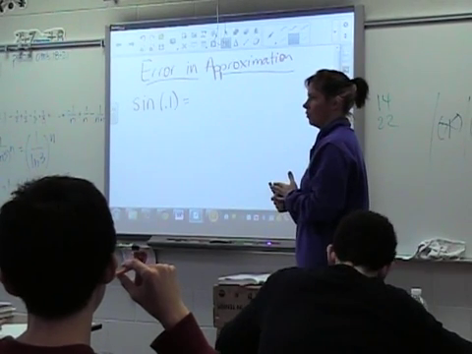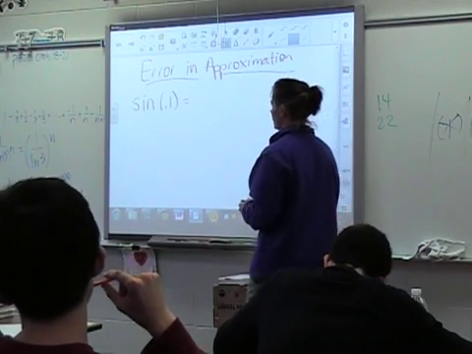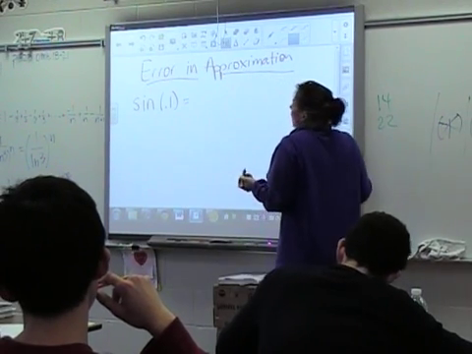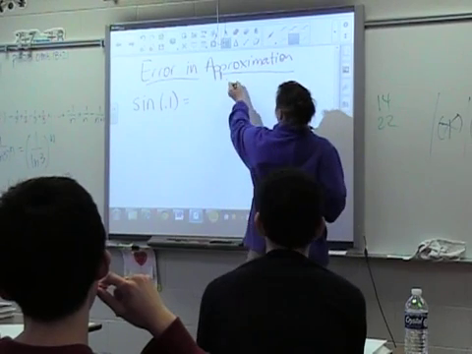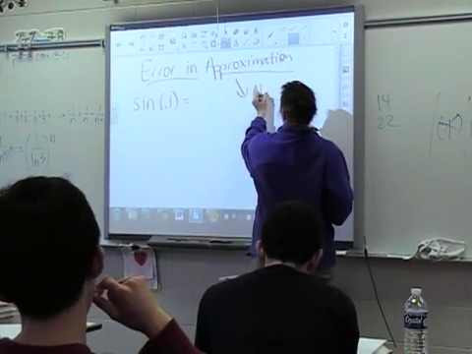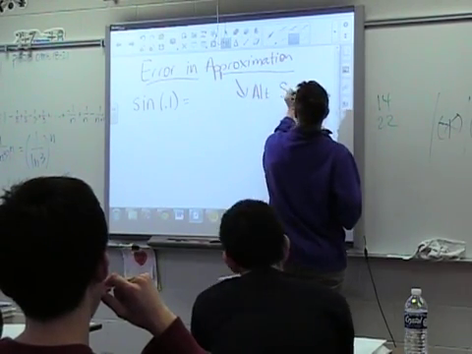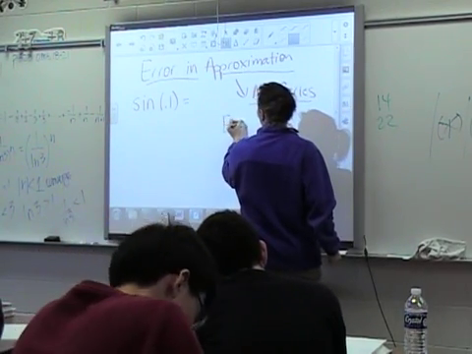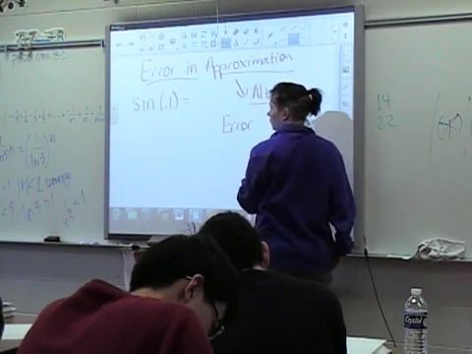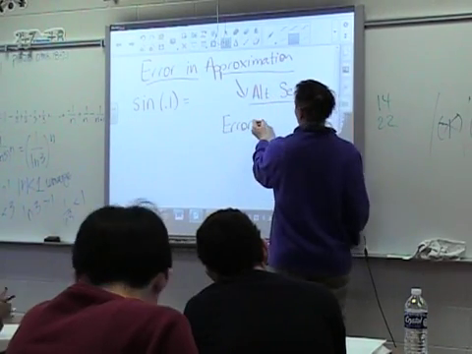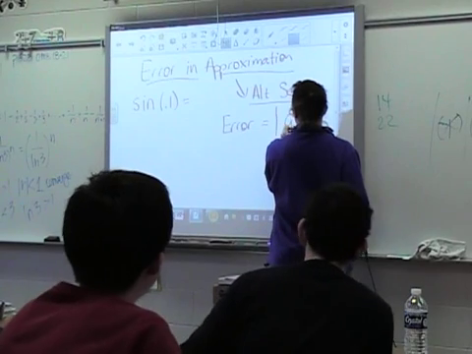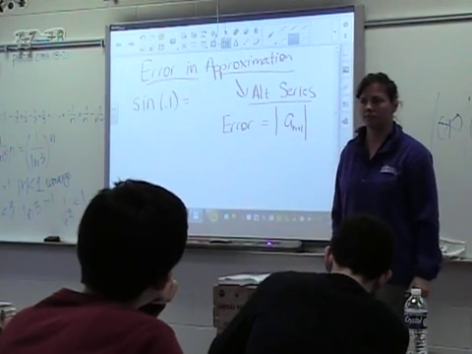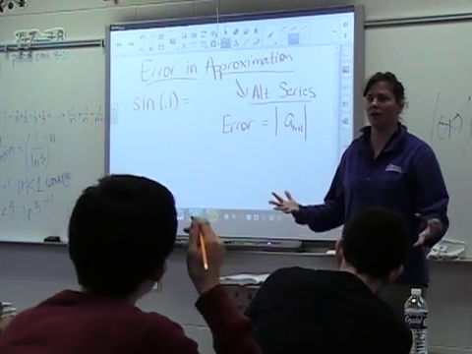What we need to know when you have an alternating series is that your error is whatever that next term is, the absolute value of that next term.